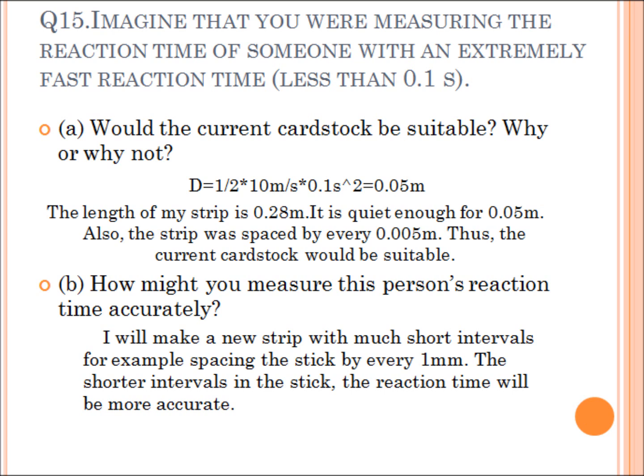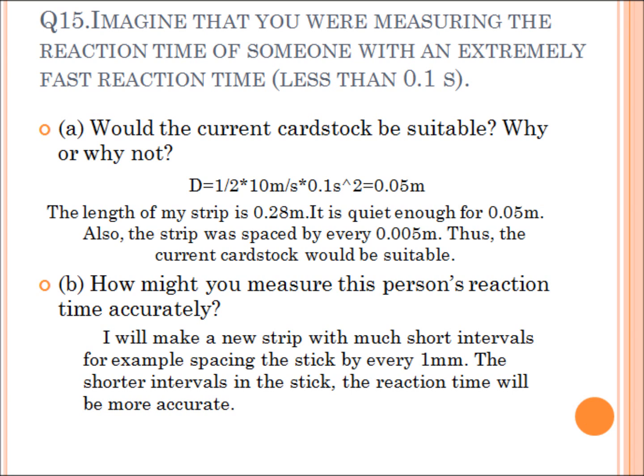Imagine that you were measuring the reaction time of someone with an extremely fast reaction time, less than 0.1 seconds. Would the current strip be suitable? Why or why not? According to the formula, distance is equal to 1 over 2 times 10 meters per second squared times 0.1 seconds squared.